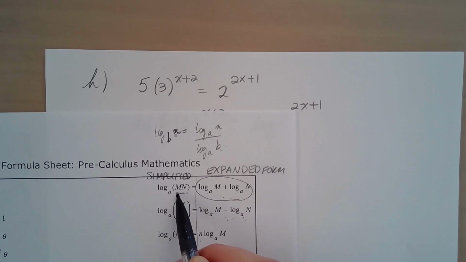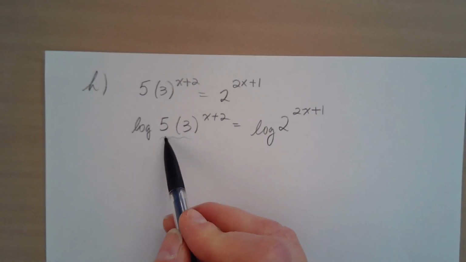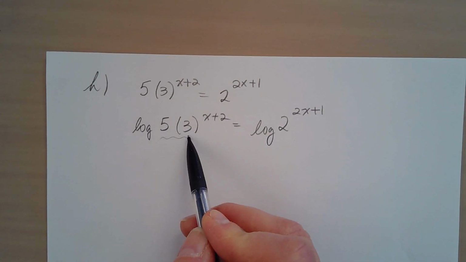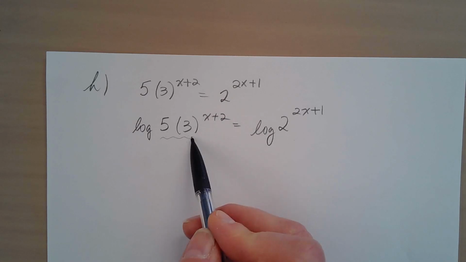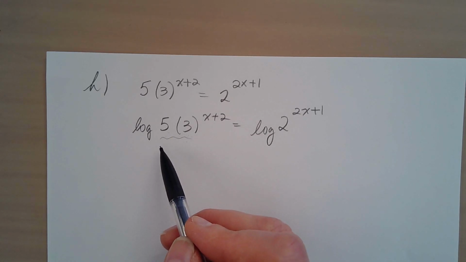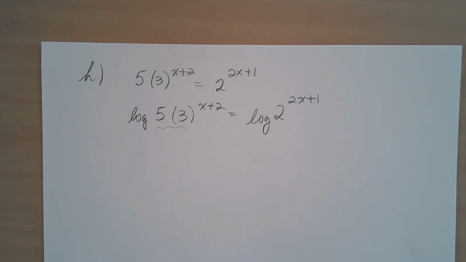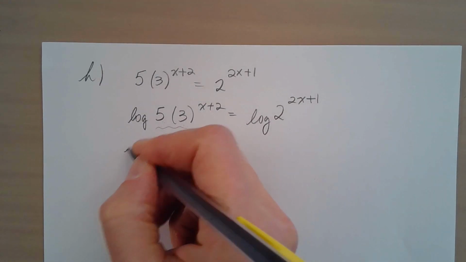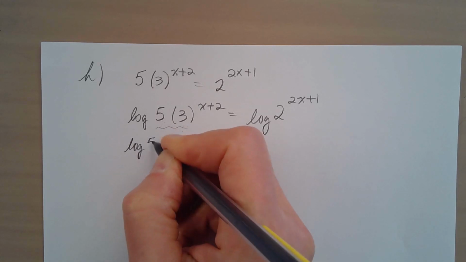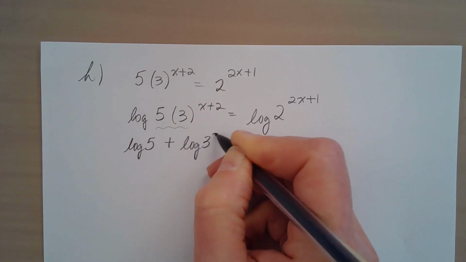It's an argument, multiplication of factors. So the 5 is the m, the 3 is the n, and the n is the part with the exponent. The exponent isn't applying to the 5, is it? So therefore, first we have to separate into individual logs before we can apply the exponent rule.